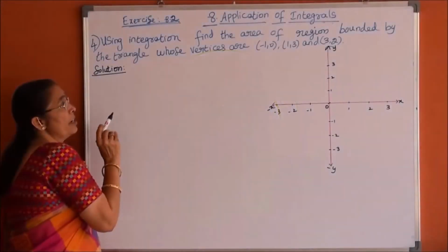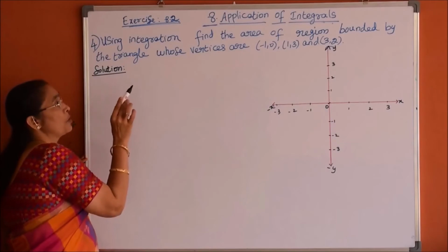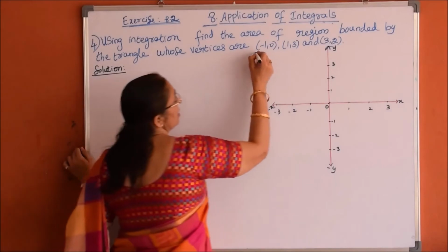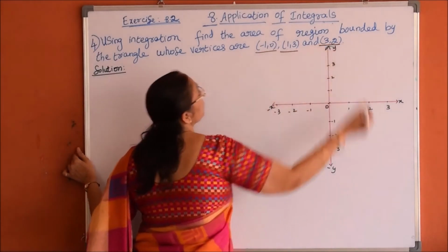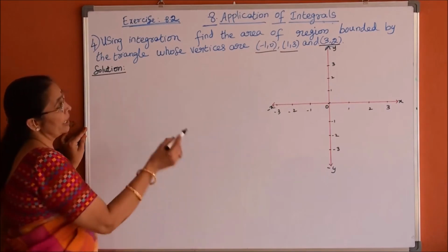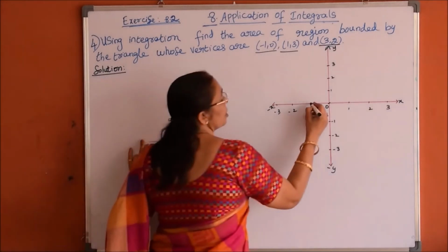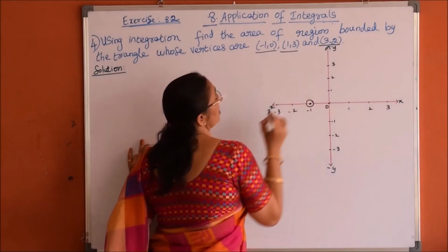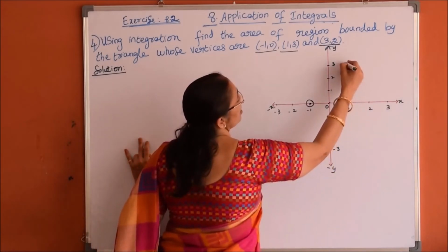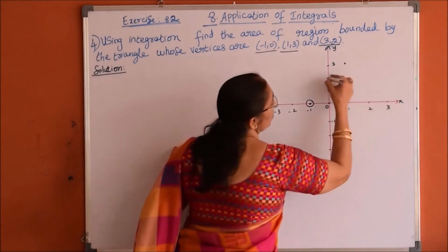Using integration, find the area of the region bounded by the triangle whose vertices are minus 1, 0, 1, 3 and 3, 2. First, let us plot these points on the graph and draw the triangle. So minus 1, 0 is the point on the x axis, and 1, 3, x is 1, y is 3 here, and 3, 2, x is 3, y is 2.